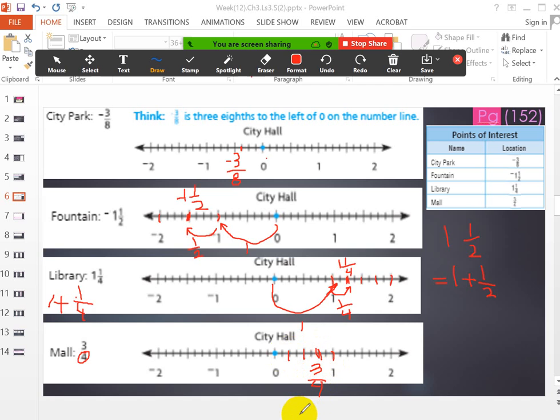Okay, girls? You understand the rational numbers, how to locate rational numbers on the number line? Girls, any question about the rational numbers? Any question? I'm waiting for 1 minute only.